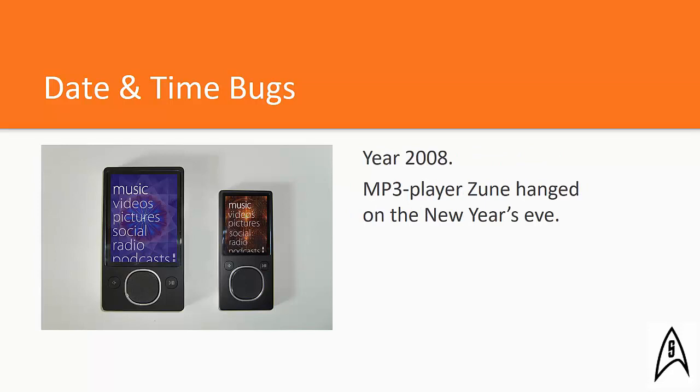MP3 player Zune made by Microsoft hanged up on New Year's Eve in 2008. That happened massively. All the users of Zune faced that bug. That was a bug in the firmware of a clock chip. There was an infinite loop caused by an incorrect if statement related to dates comparing.